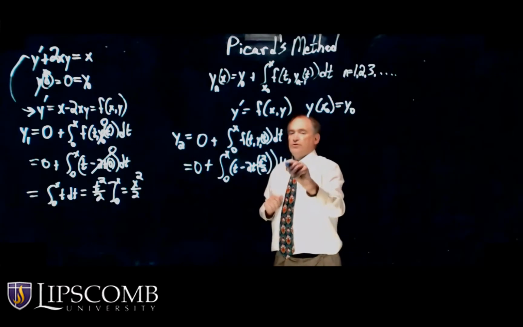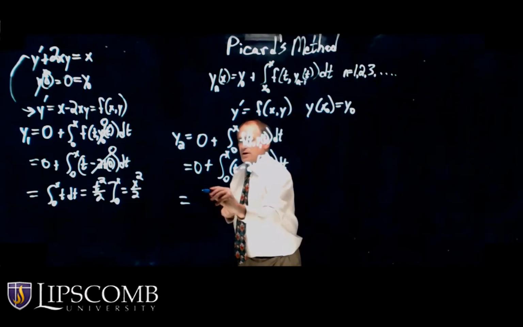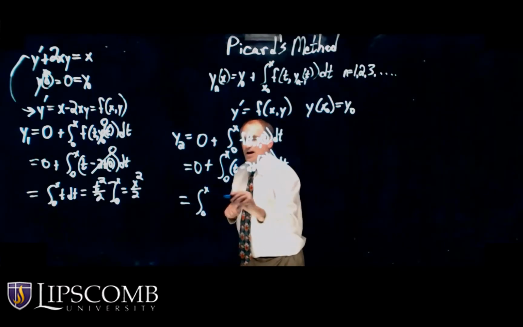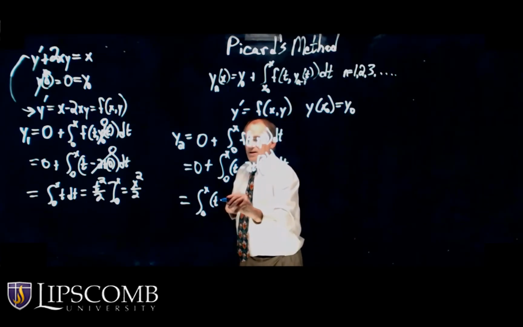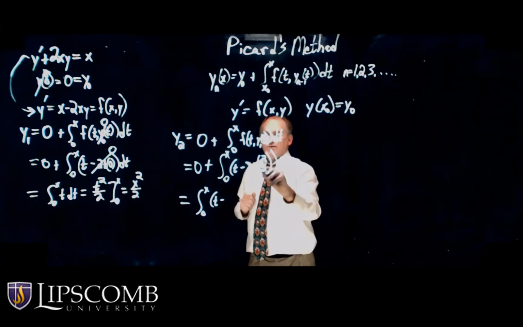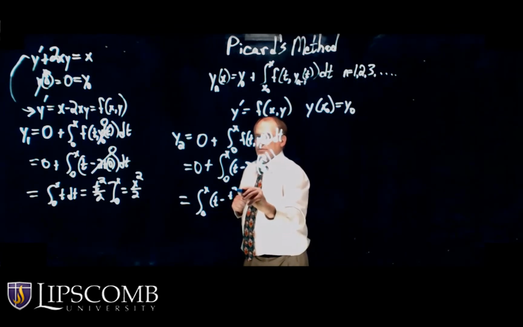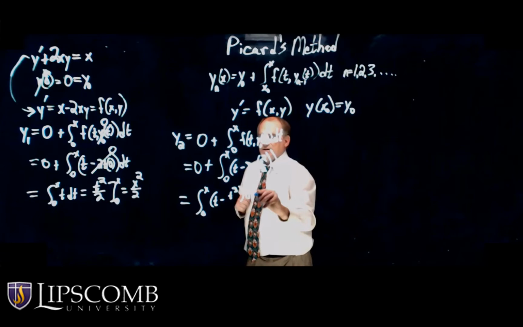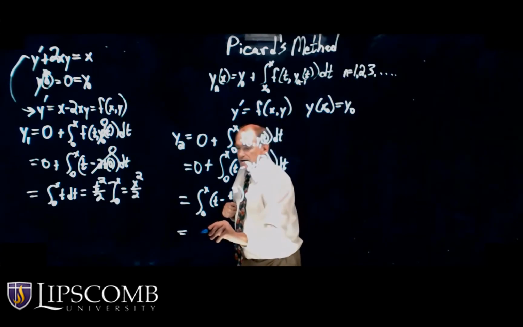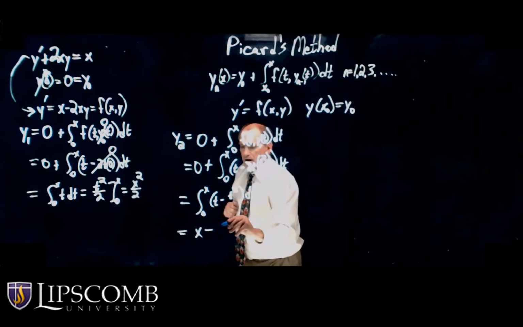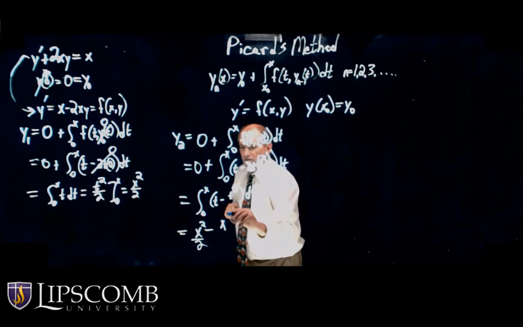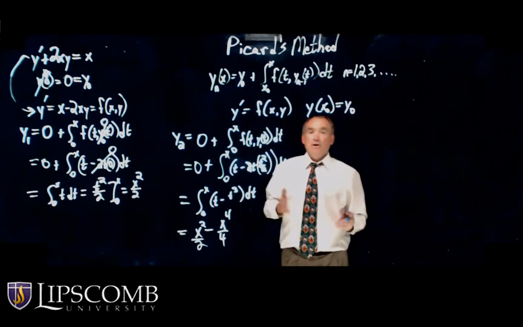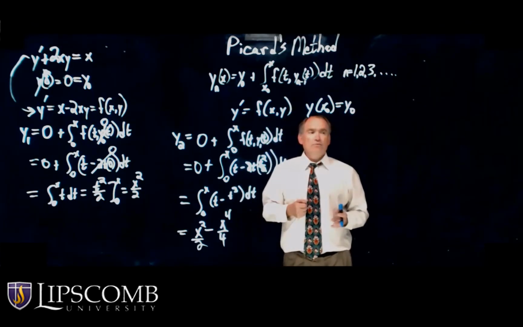And of course, dt. What I end up with is the integral from 0 to x of t minus, the 2's cancel out, t cubed dt. So I get x squared over 2 minus x to the 4th over 4. Okay, so that's y sub 2.